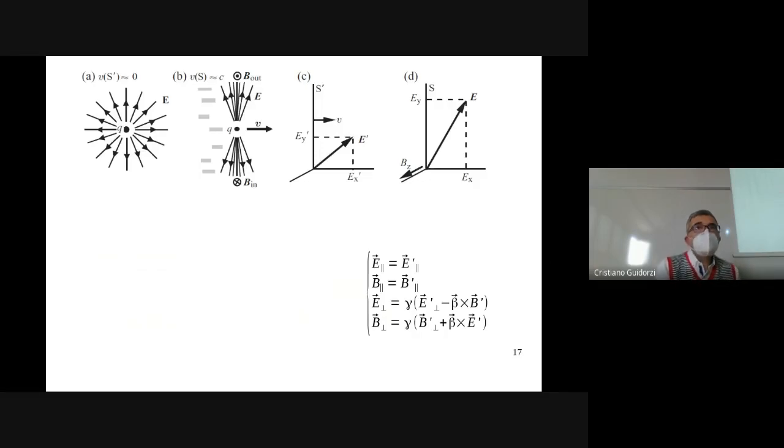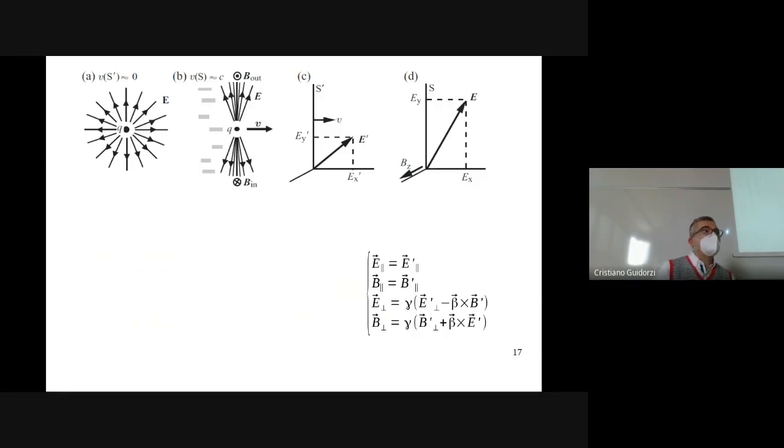In particular, let's investigate what happens when we consider ultra-relativistic motions. So in particular, let's consider the electromagnetic field produced by a charged particle which is moving at relativistic speed.